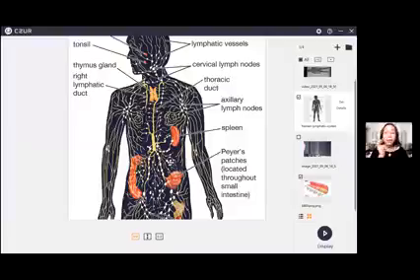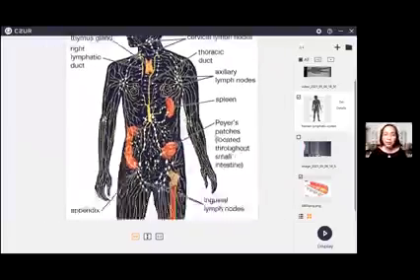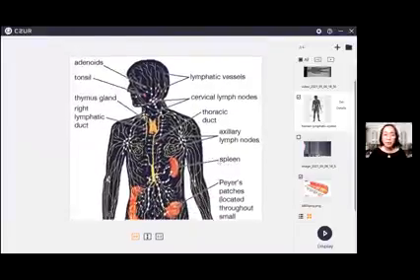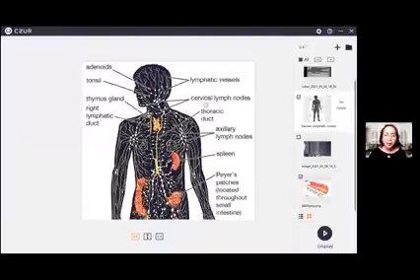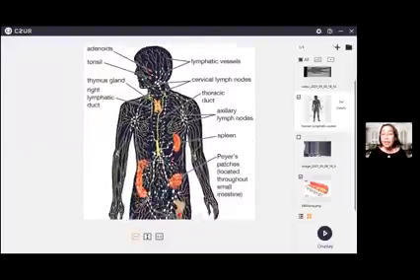He's feeling your lymph nodes. If you have an infection, your lymph nodes here, let me show you where the lymph nodes are. So this one, these are lymph nodes. The dots here, the cervical ones, are actually lymph nodes. Your lymph nodes will actually enlarge.